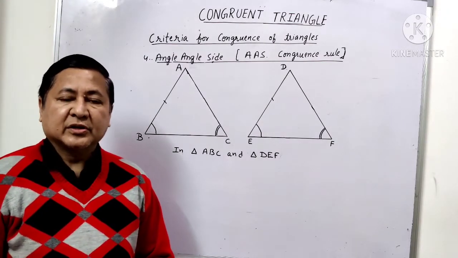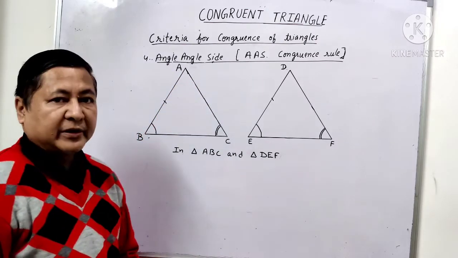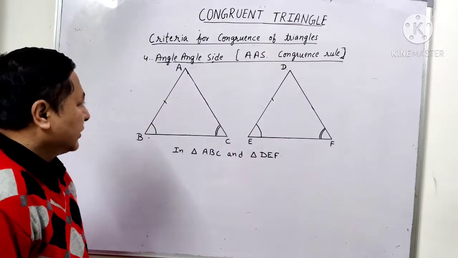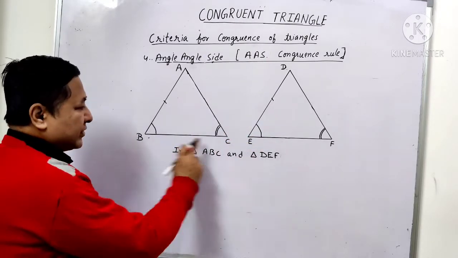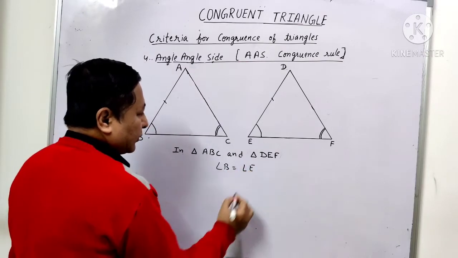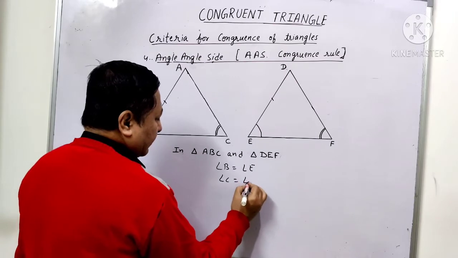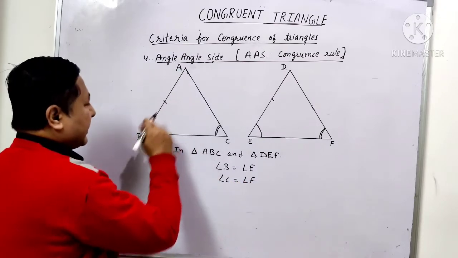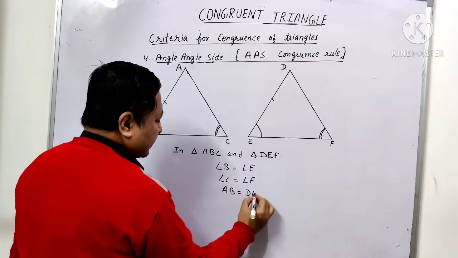Now let us take the fourth criteria, that is angle angle side, denoted by the AAS congruence rule. Now in this figure you can see triangles ABC and DEF. The angle B is equal to angle E, angle C is equal to angle F, and the side AB is equal to DE.